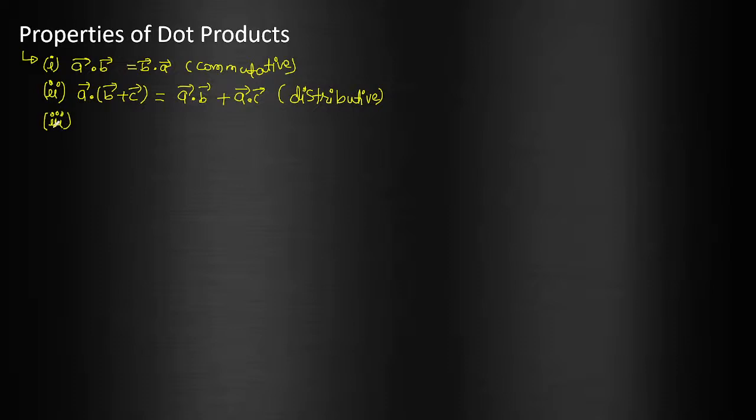Third, m A vector dot B vector is A vector dot m B vector, where m is a scalar quantity.